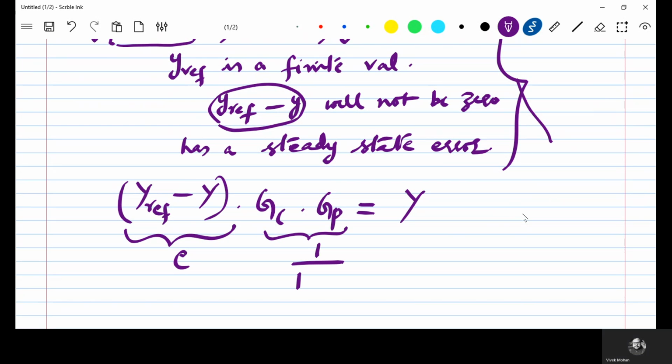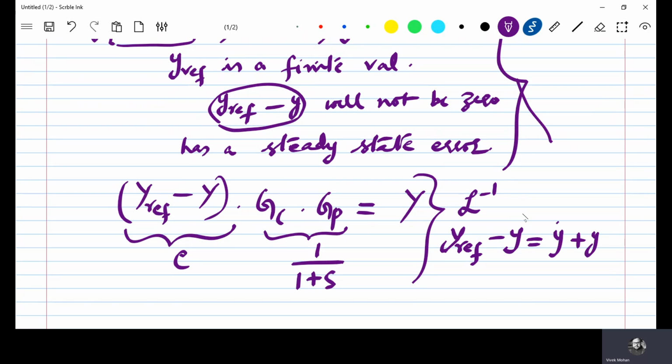So this is 1 by S plus 1. Now if we take L inverse, we get Yref minus y equals y dot plus y. Because when you cross multiply, this 1 by S plus 1 will be multiplied to the RHS. So y plus ys. So if you take L inverse, y will become small y and ys will become small y dot.